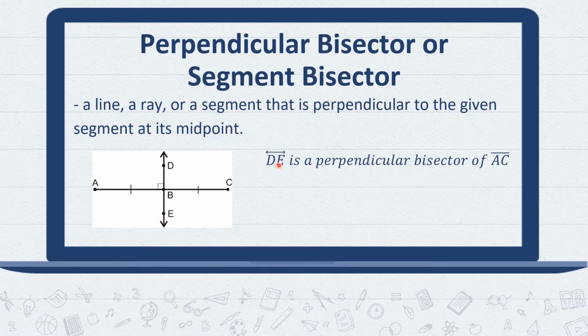So we can say that DE is a perpendicular bisector of AC, wherein DE intersects at point B. So we can now say that AB is congruent to BC.